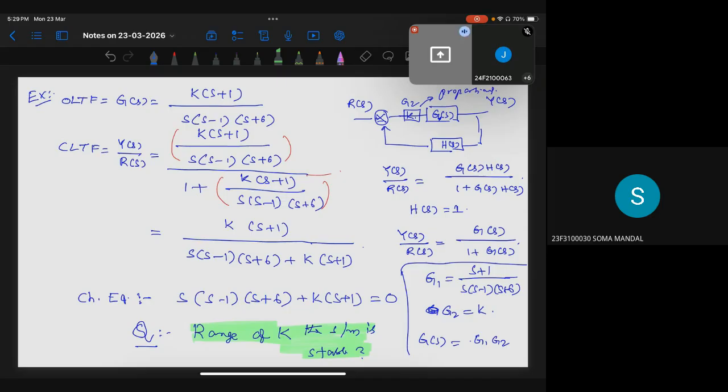If I substitute K equal to 10, will all the poles be on the left hand side? We are not sure. If K is equal to 100, we are also not sure. We have to fix the range for K in such a way that all the poles will be on the left hand side.